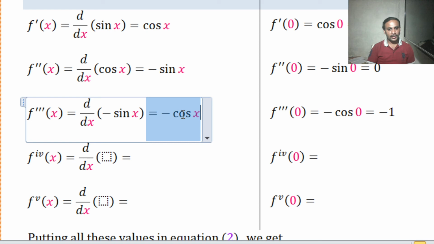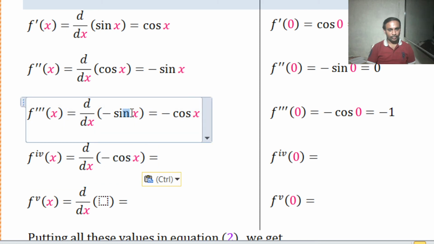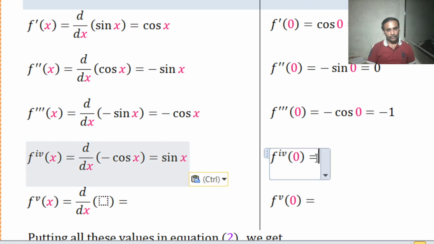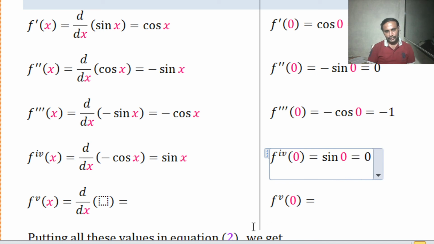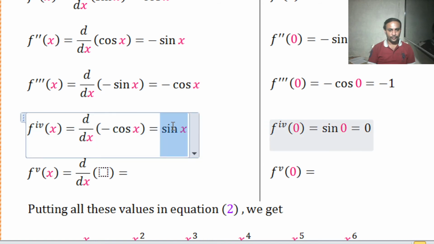Now if we again take the derivative of minus cos x, the derivative of minus cos x is plus sin x. To find the value of the fourth derivative at 0, we put x equal to 0, but sin 0 is 0, so the fourth derivative at 0 is 0.